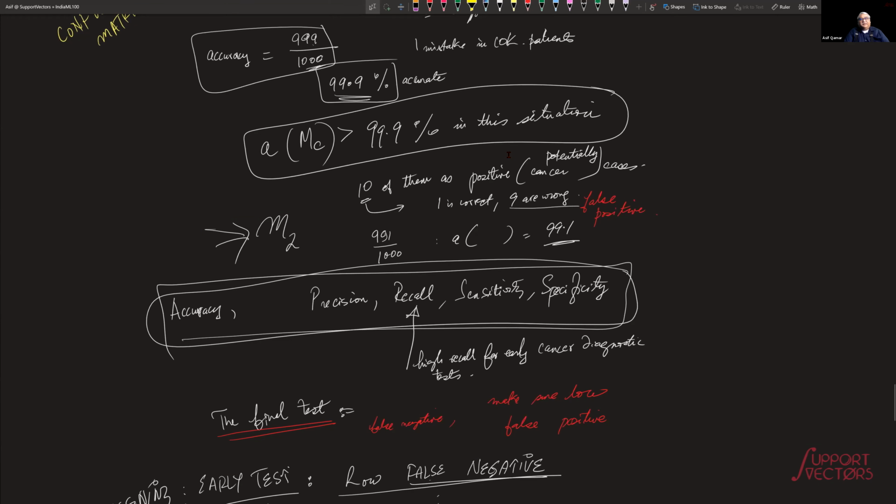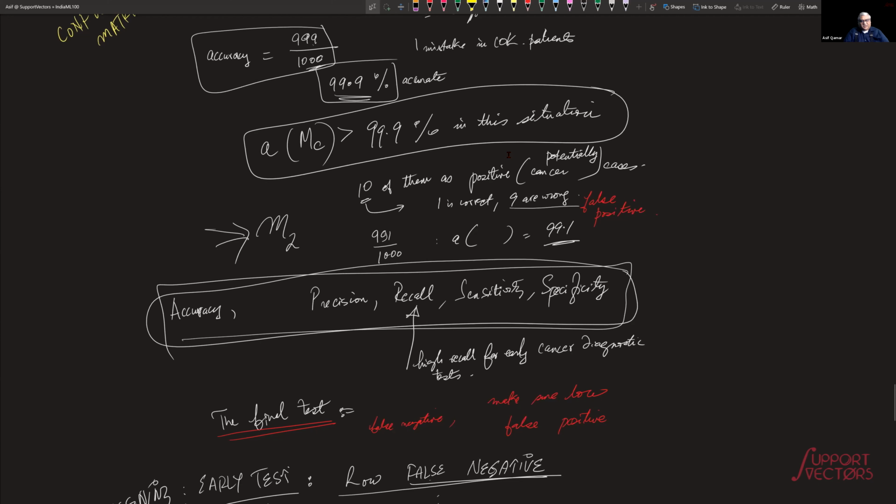Even if a person is healthy, but something looks odd in the X-ray or something, you want the early screening to just mark them as positive. It should err on the side of caution, right? And so you are willing to tolerate a lot of false positives, but not false negatives.